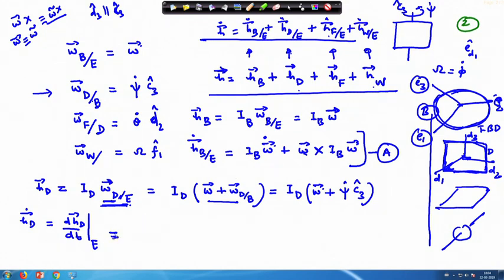And this we can then expand as d h d by d t with respect to the D frame plus omega d slash c cross, remember the past derivation we have done, I d times omega d slash c. This is nothing but your H d term.